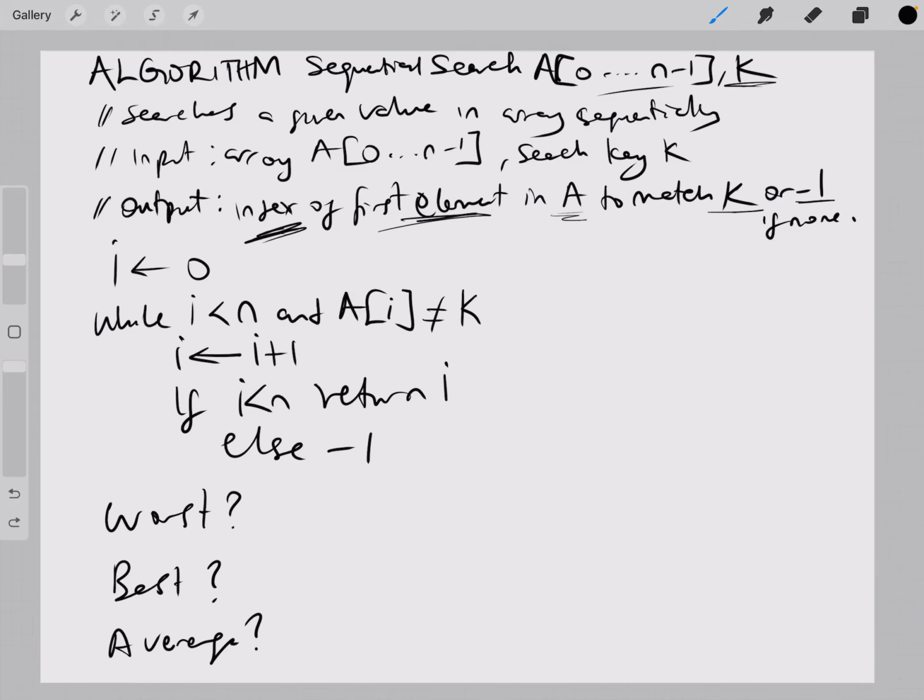Then while i is less than n, if A of the index i is not equal to the search key K, then increment the value of i to the next index, and continue doing that until this becomes false, or in this case until A[i] is matching K.